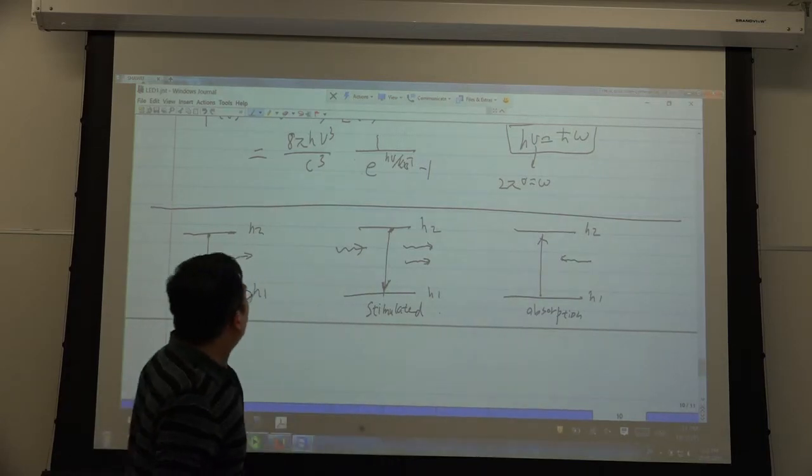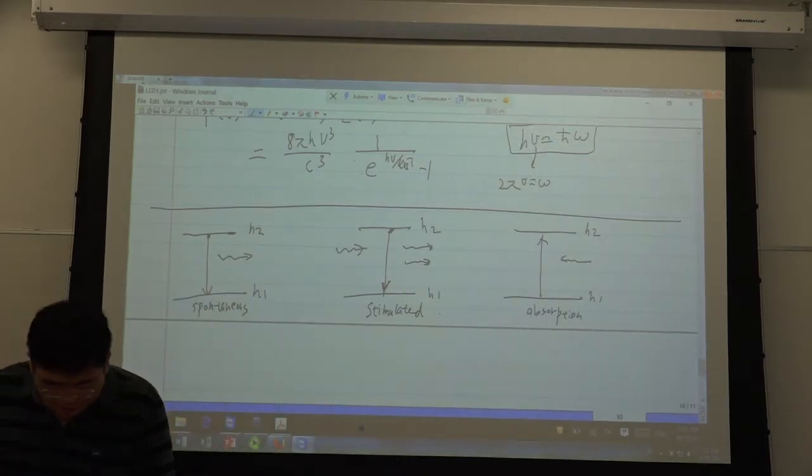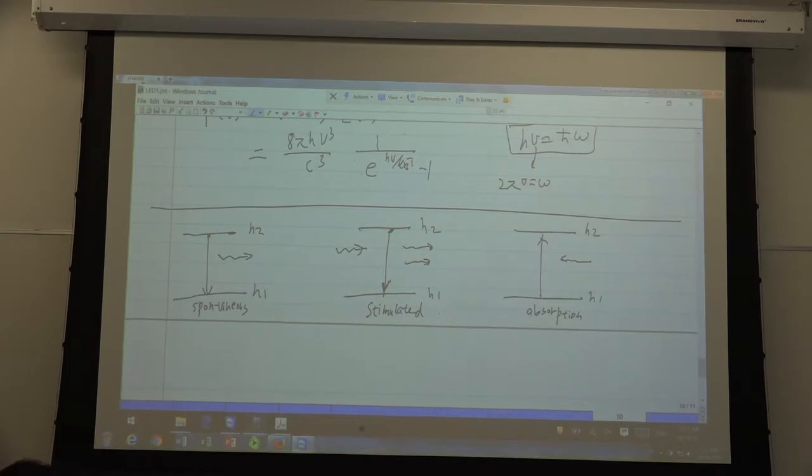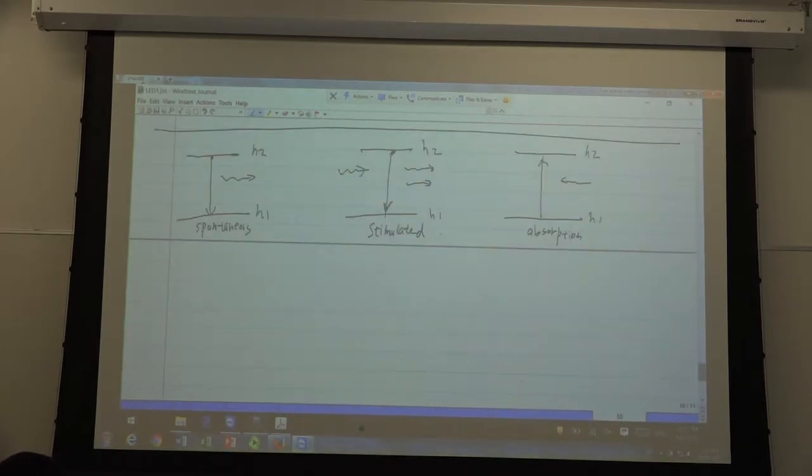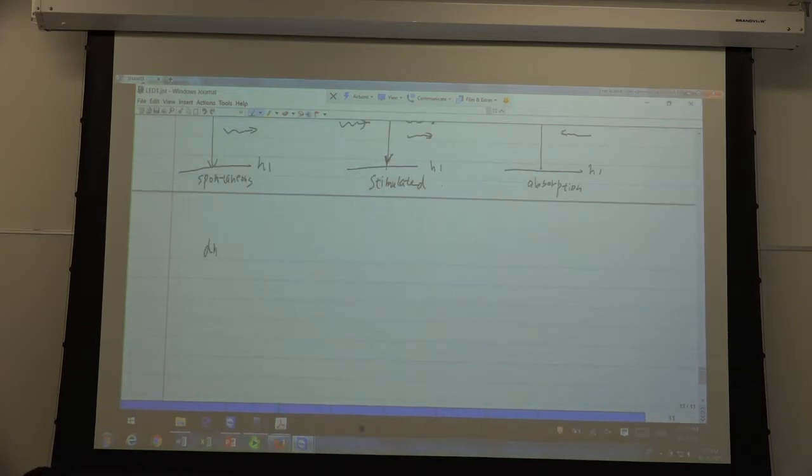So I think the most important thing is detailed balance. The net dn1 over dt should equal 0, which means at thermal equilibrium. This is important.